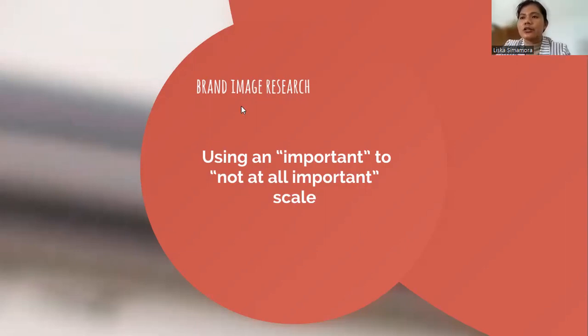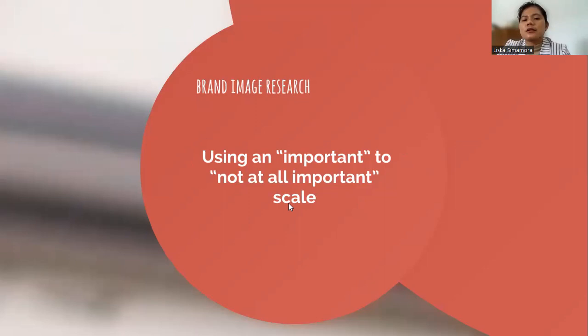Like here, to ask about the brand image, we have to use scales like important to not at all important, because they will answer. For example, if we want to ask, do you think that brand image is important? For example, you make a statement, brand image is important to increase the sales, or something like that.